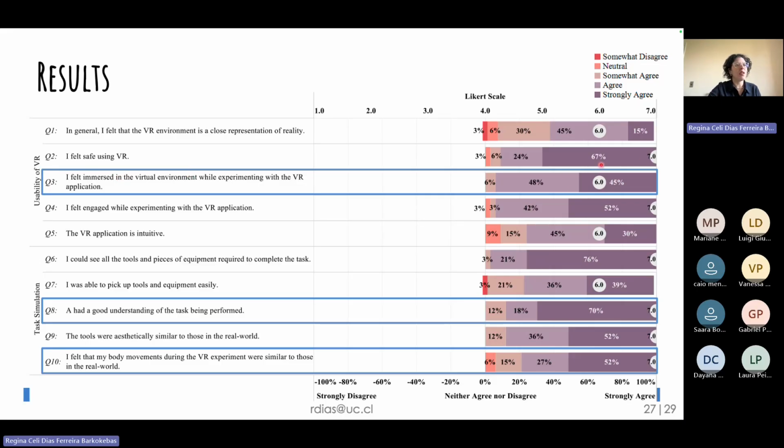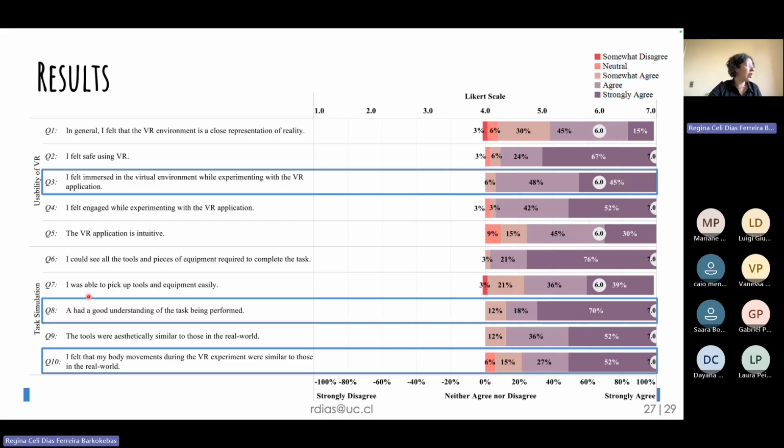And we had an average score of 6 on the Likert scale, which means they agree. It's not strongly agree, but they agree. And here we have the breakdown. So most of them are in somewhat agree or strongly agree. We have no neutral or somewhat disagree.